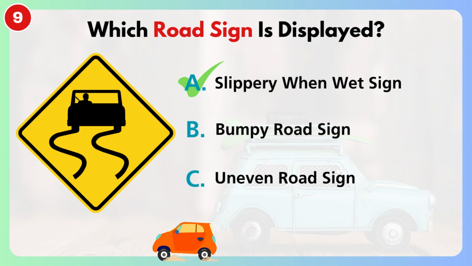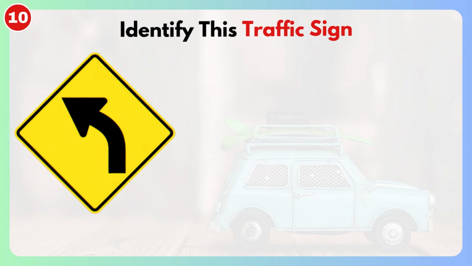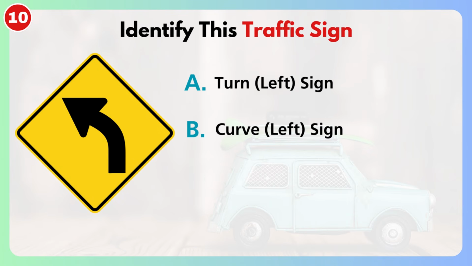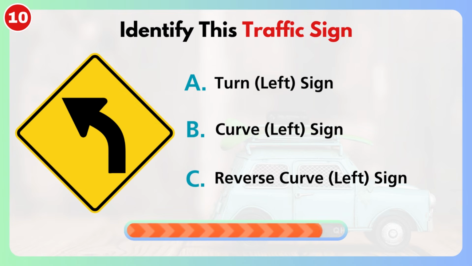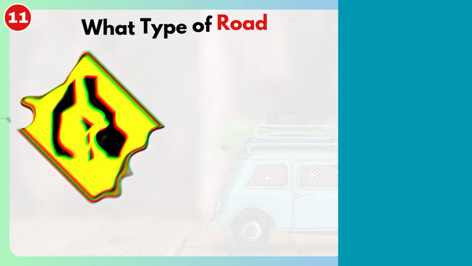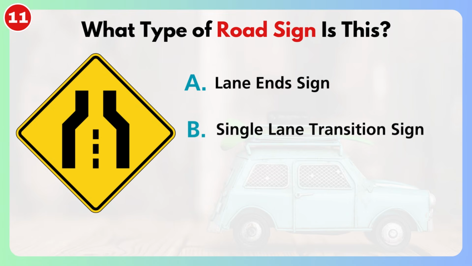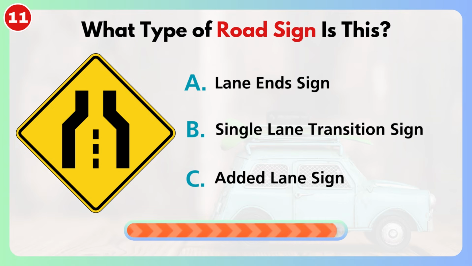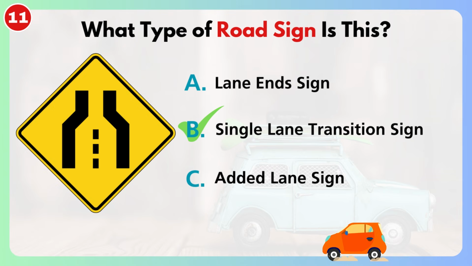Which road sign is displayed? Slippery when wet sign. Identify this traffic sign. Curve, left, sign. What type of road sign is this? Single lane transition sign.